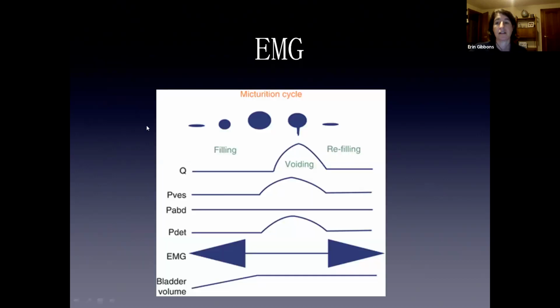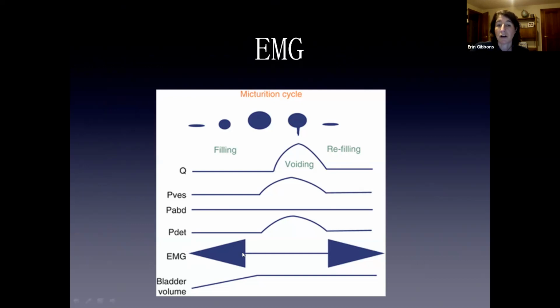So I thought this is a nice drawing showing what the sphincter is supposed to be doing throughout filling and voiding. Our sphincter is firing while we're not voiding. And then as we get more full, we're going to have a guarding reflex, so there should be an increase in the EMG.